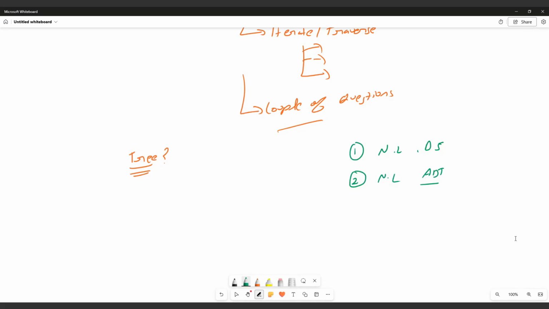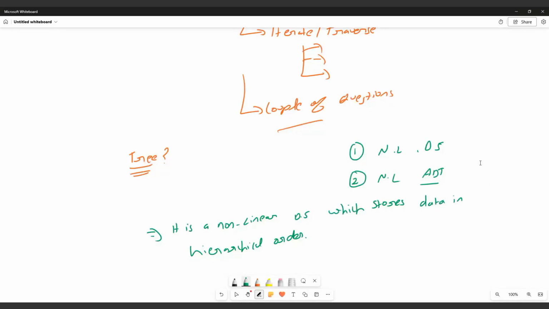Madhushri has also given a very interesting and very good answer: it is a non-linear data structure which stores data in hierarchical order.